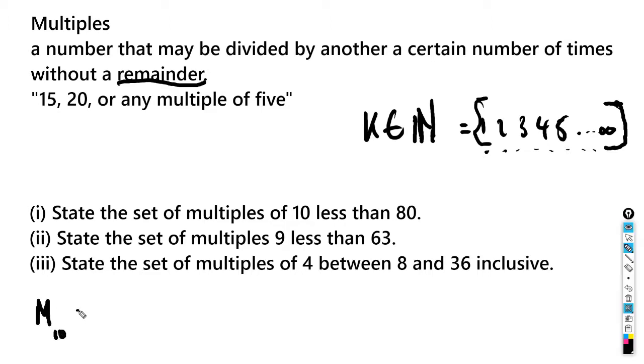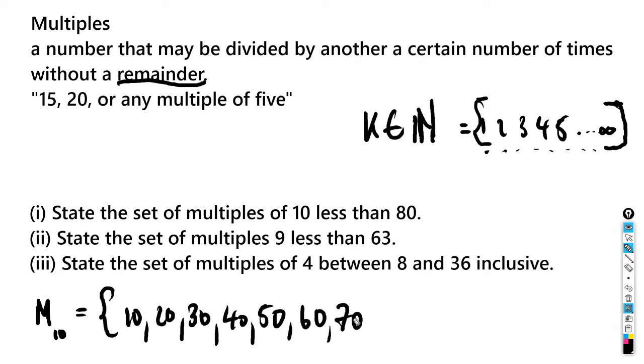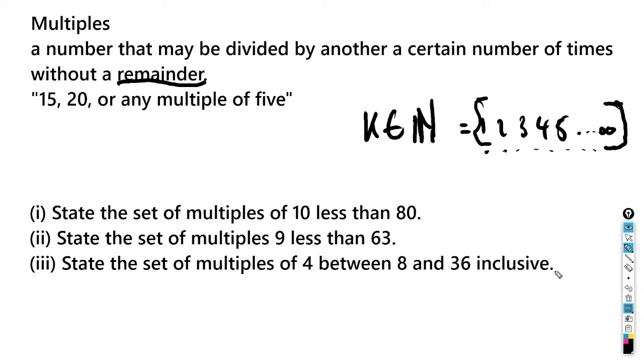The multiples of 10 less than 80 would be 10, 20, 30, 40, 50, 60, 70, not inclusive of 80. So these are the multiples of 10 less than 80. Easy, right? Let's move on to the next one.